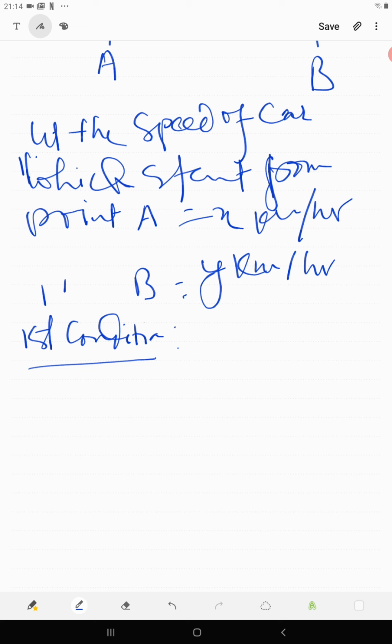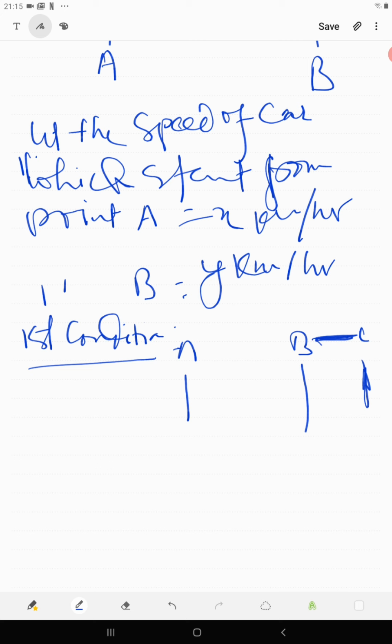So the first condition is, see, always look at it like this. So AB is there, suppose he meets at point C. Of course the car from B is going BC, correct?